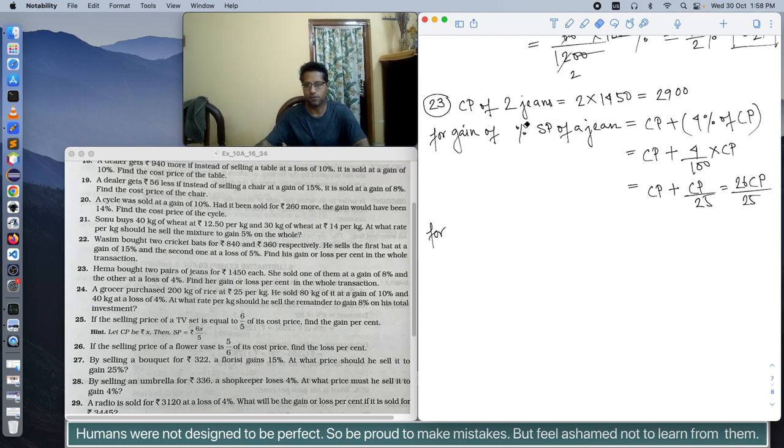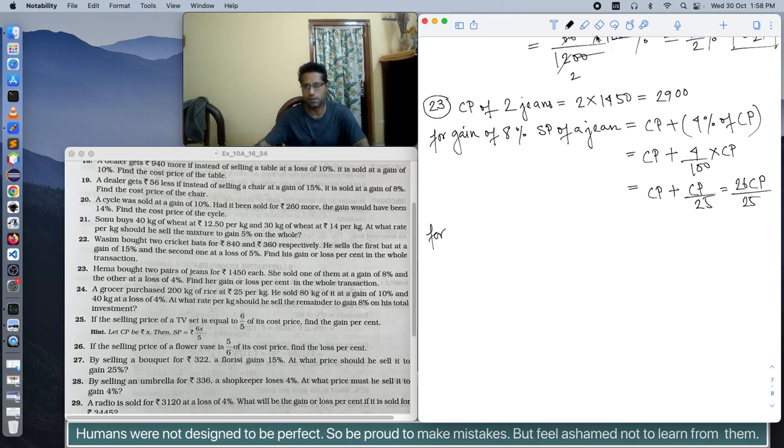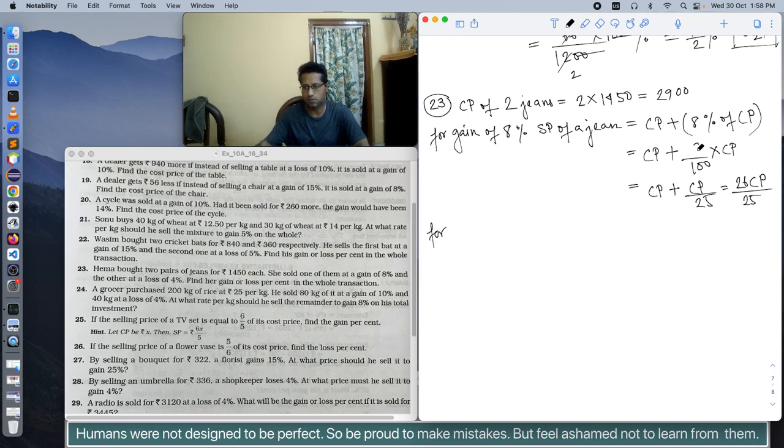I'm sorry, this will be 8, not 4. So it is CP plus 8% of CP. 8 by 100 is 2 by 25, and this will be CP plus 2 CP by 25, which is 27 CP by 25.